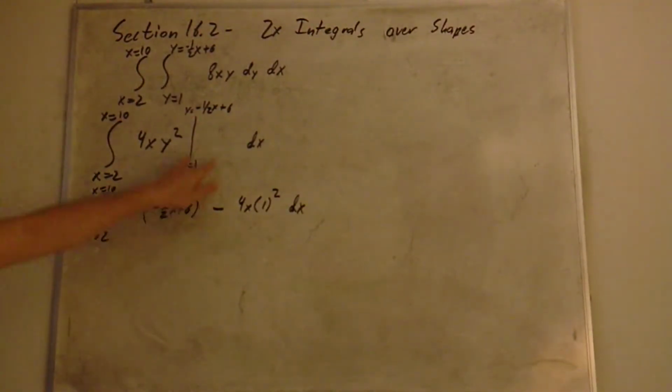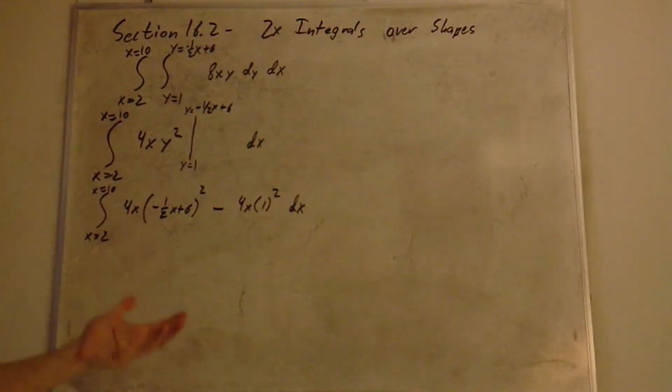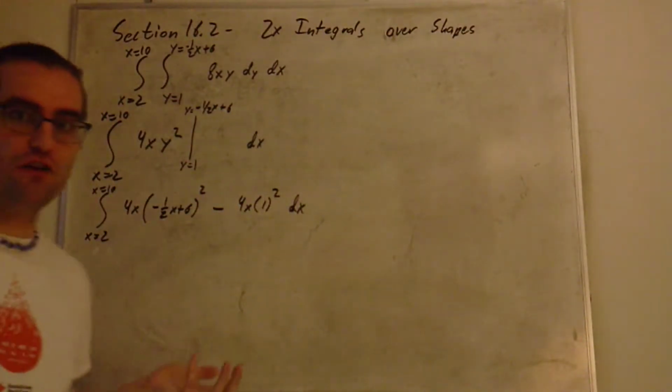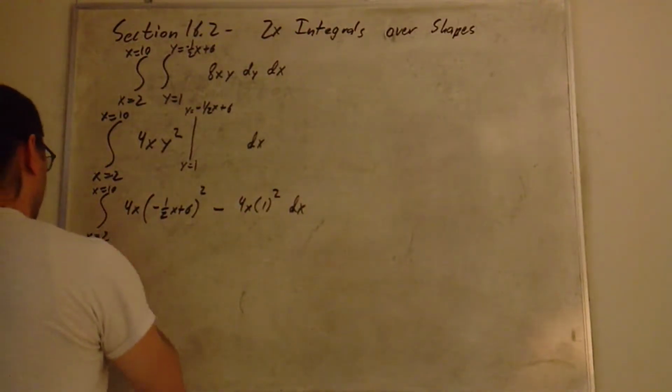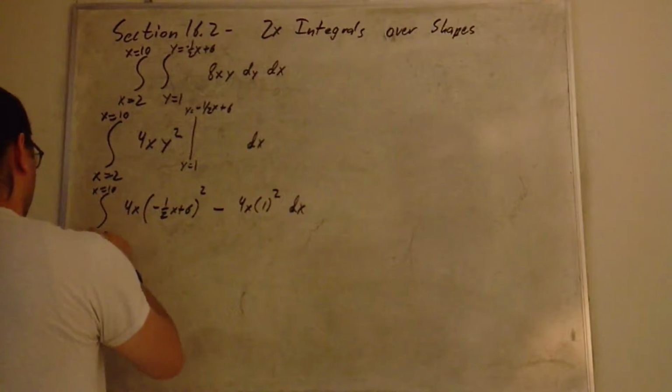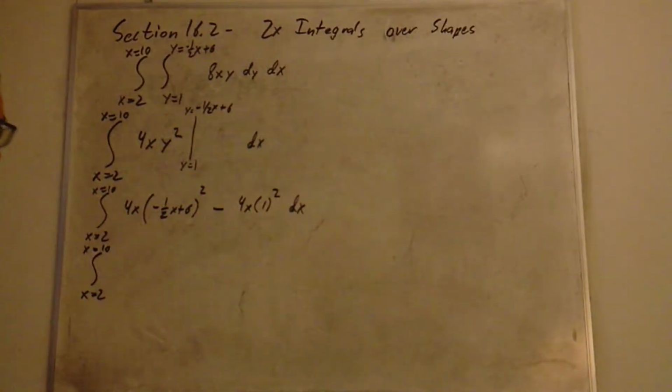This is me plugging y equals this into here, and y equals this into here. We have to do a chunk of simplification here to make this thing reasonable, but that's okay. We're all algebra experts. We can do this pretty handily.